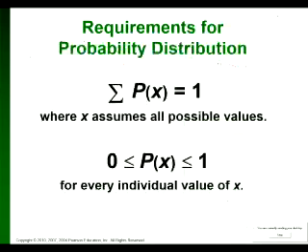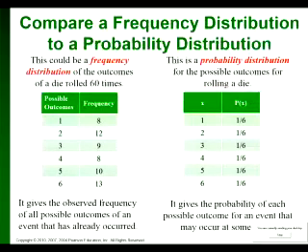So the 2 requirements for a probability distribution are the sum, remember this symbol, the sum of all the probabilities is 1. If this total doesn't add up to 1, then it's not a probability distribution.